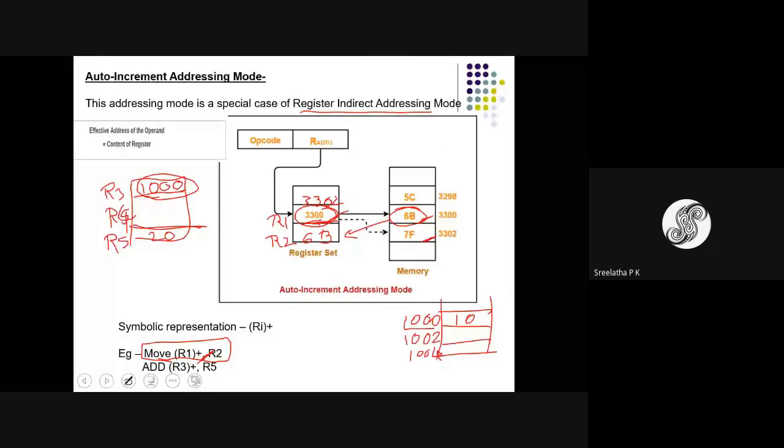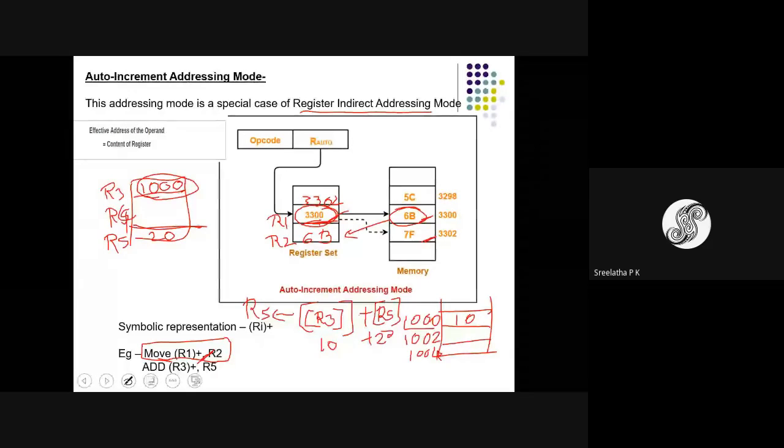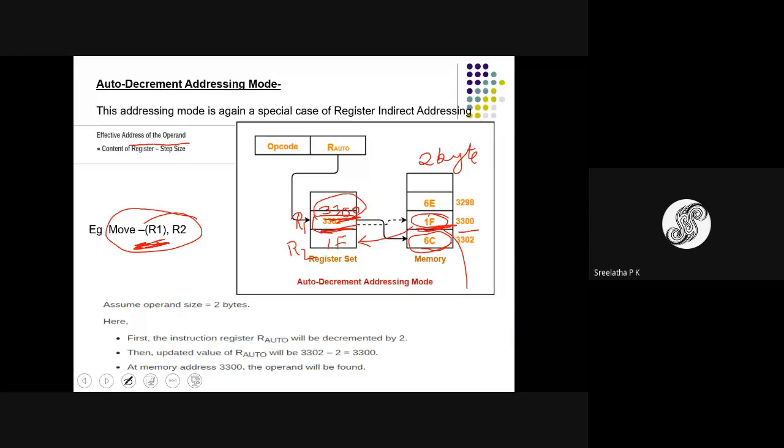The content of R3 has the effective address, and its content, that is 10, is added with the content of R5, that is 20, and the result is stored in R5. Along with it, R3 is incremented by 1. R3 becomes 1002. Okay, it points to the next memory location.